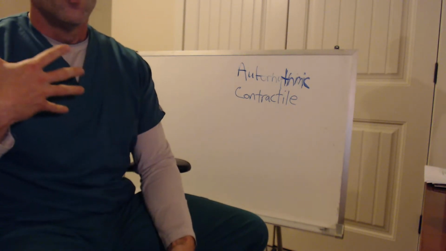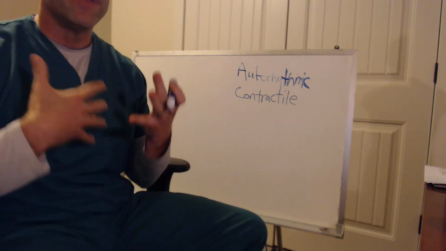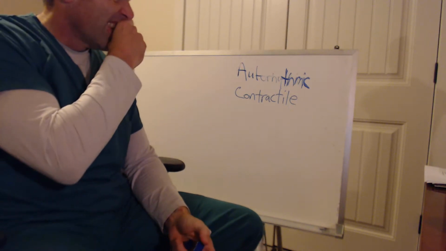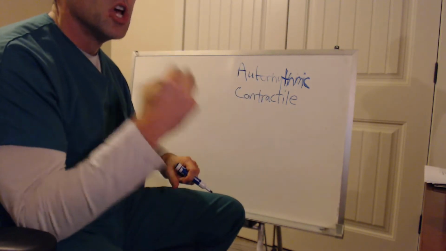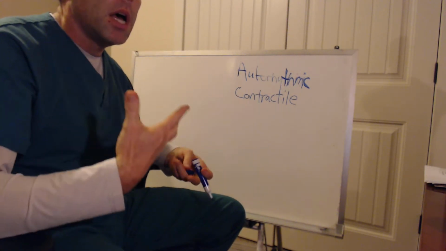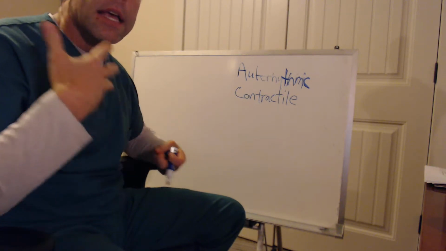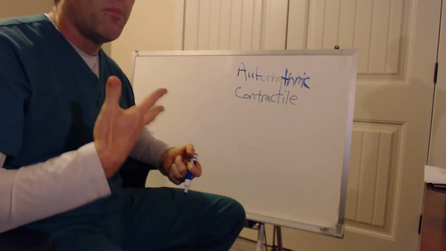And so that leads to a lower heart rate during times of inactivity or rest. But these autorhythmic cells will stimulate the contractile cells to contract, and it's that contraction that pumps blood out of the heart. And if it's from the right side, it goes to the lungs. If it's from the left side, it goes to all parts of the body.